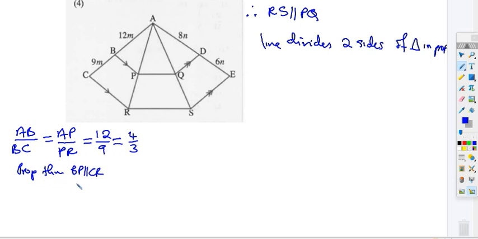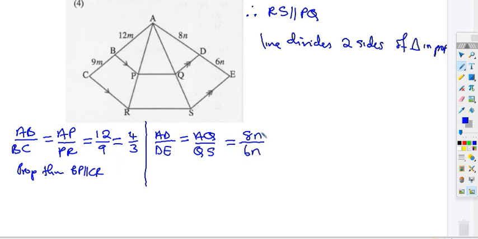Remember, when you give this reason, you have to give us the lines which are parallel, which are creating the proportionality. Now we are coming from the right going to the left, making use of this one to get the ratio for this side. So we are saying AD over DE is equal to AQ over QS, and this is equal to 8n over 6n.